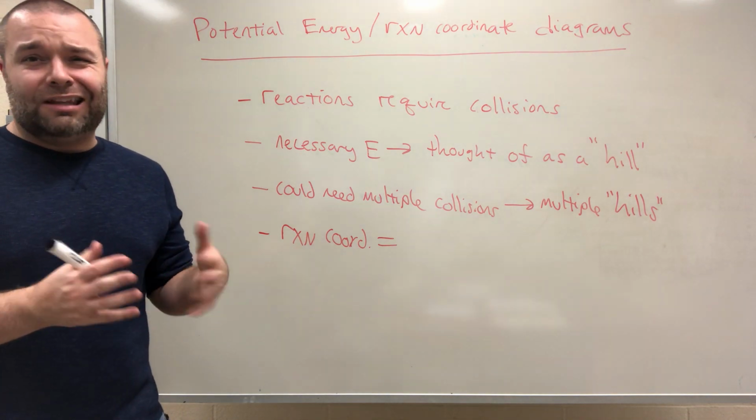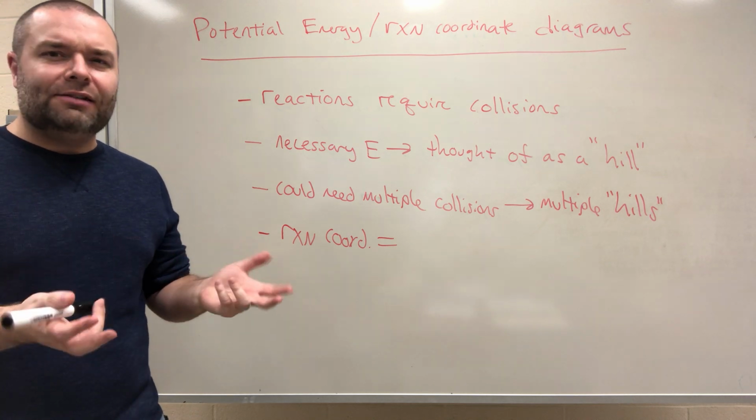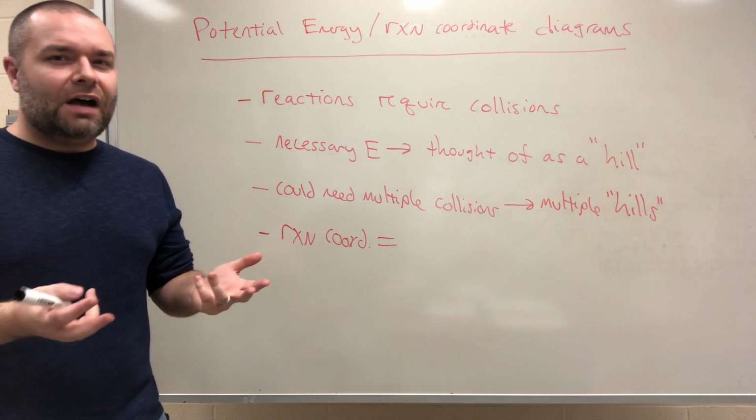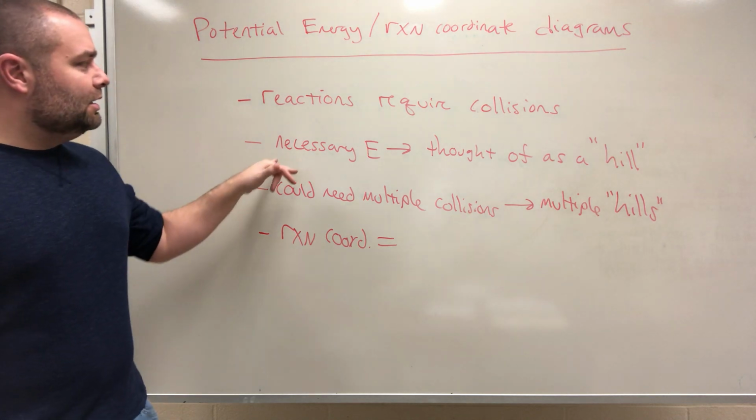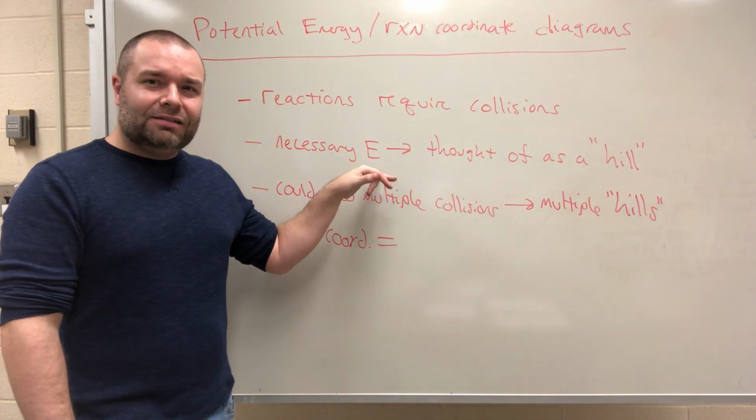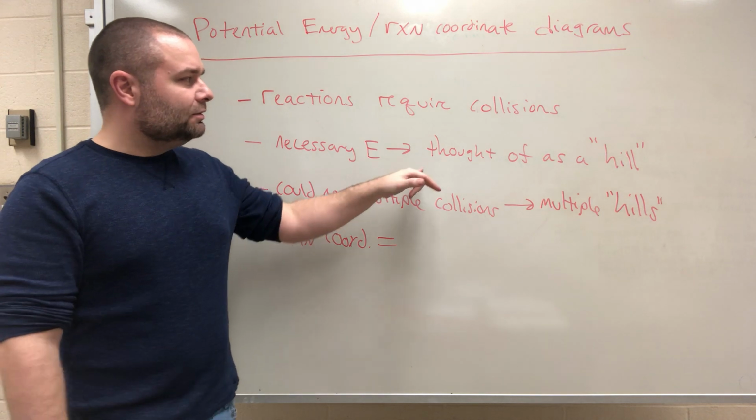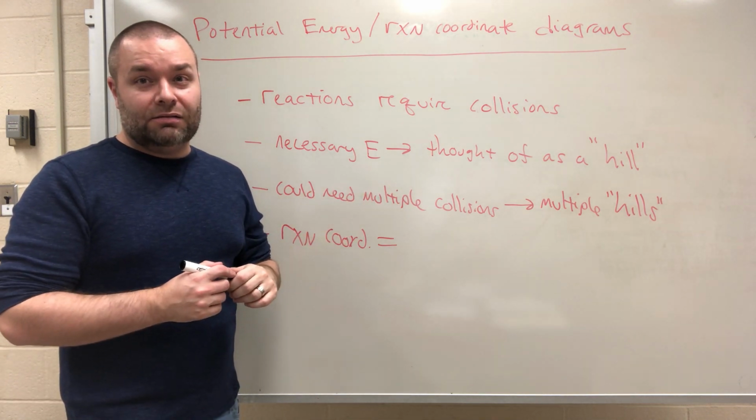Okay, let's focus on the Arrhenius idea that there's some activation energy, which we just kind of defined as a symbol and didn't talk about. The necessary energy it takes for a reaction to progress, we can think of that as a hill, right?